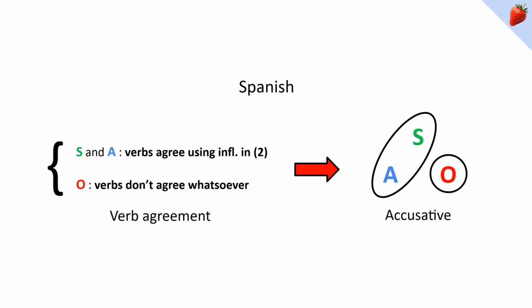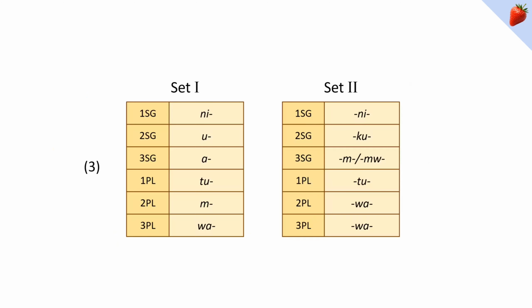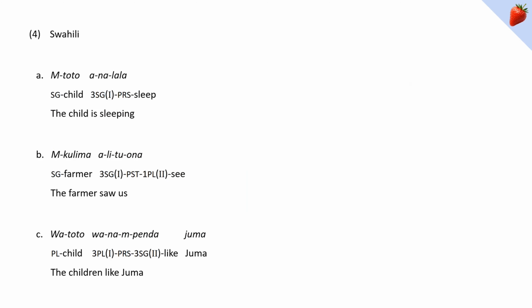For another example of a language with accusative verb agreement, we can take a look at Swahili. Unlike in Spanish, where there is only one set of agreement inflections, in Swahili there are two sets of agreement inflections. We'll call these set 1 and set 2 respectively. With that in mind, consider the following data. The child is sleeping, the farmer saw us, and the children like Juma.